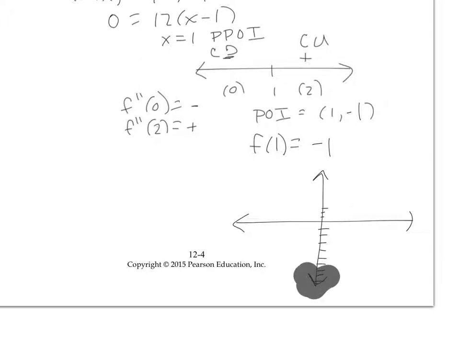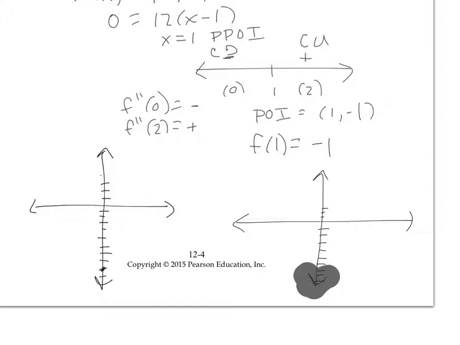Ooh, that's not what I wanted to do. Let me just make a new one. Let's come over here. You can see I don't play with my little tools as much as I should. Okay, 1, 2, 3, 4, 5, 6, 7, 8, 9. So I know it's going to be crossing right there.